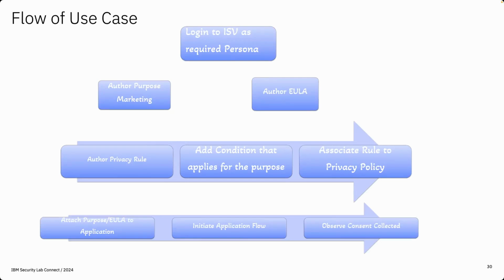You also attached that purpose to the application, to the privacy tab, and then initiated the application and observed what consent was collected. You also saw how the data privacy officer saw the audit information, and how a user has a way to delete the collected consent from the user profile and settings tab.